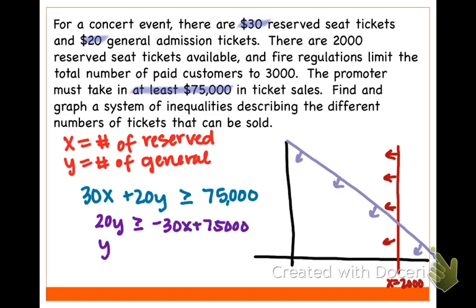So y is greater than or equal to negative 3/2 x plus 3,750. I think we should probably double check that. Mental math divided by, yep, 3,750. So that's going to start a little bit higher, but it's going to come down at a slope of -3/2, slightly steeper than the light purple line.